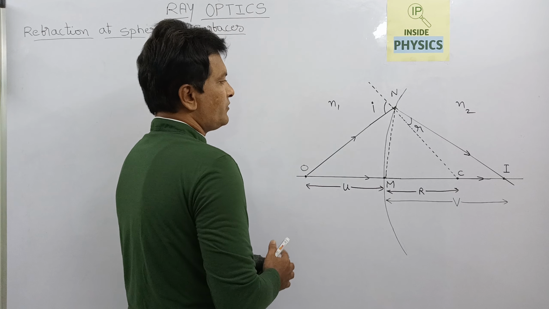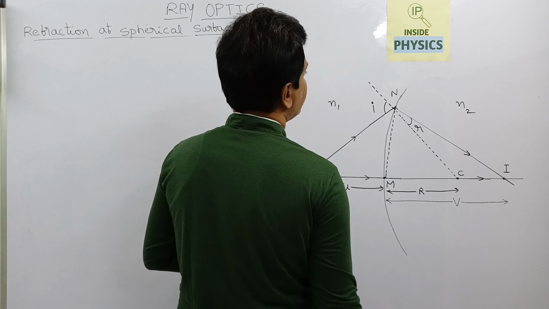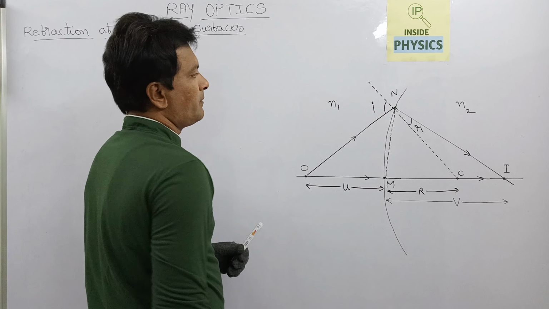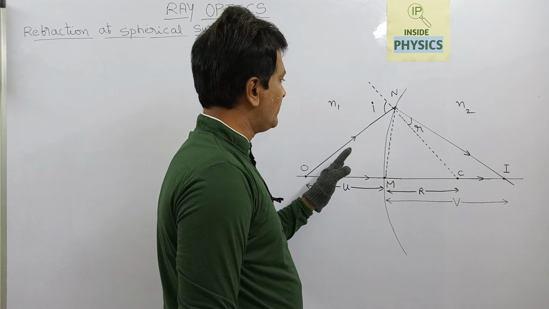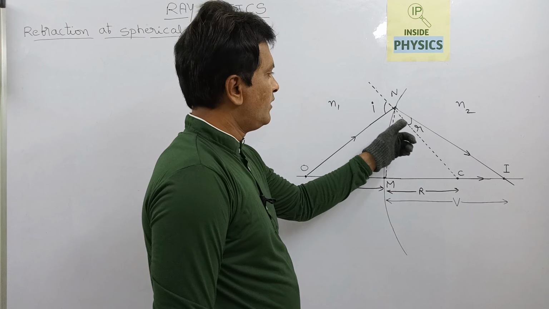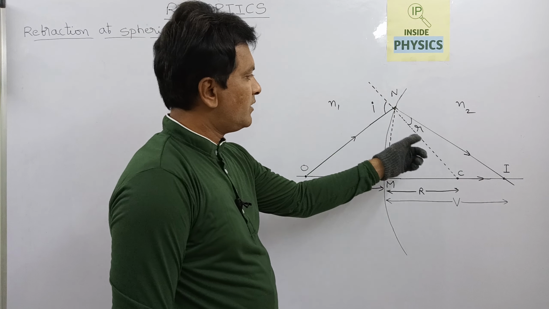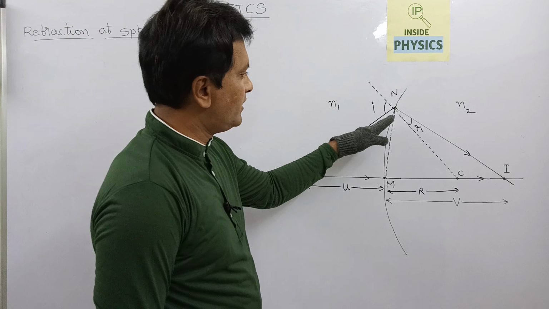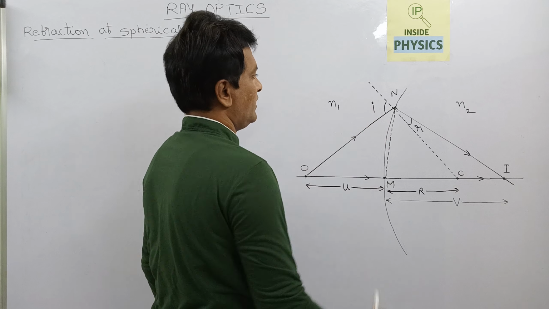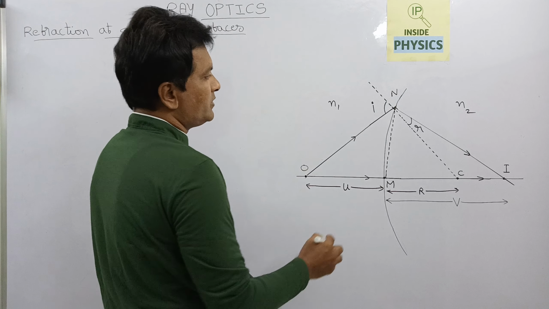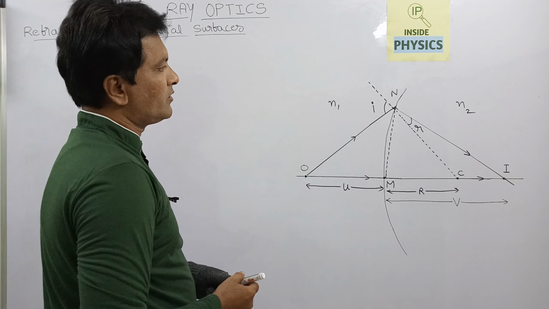If you observe this diagram, the angle of incidence is i. The angle of incidence is nothing but the angle between the incident ray and the perpendicular to the curved surface. This is the perpendicular and this is the incident ray. Here the angle is called the angle of incidence, and this angle r is the angle of refraction.